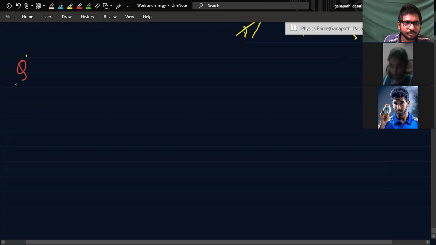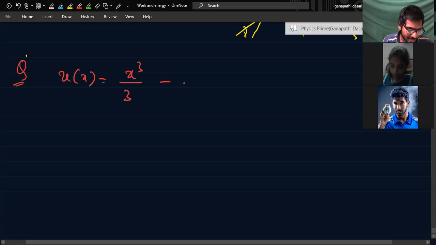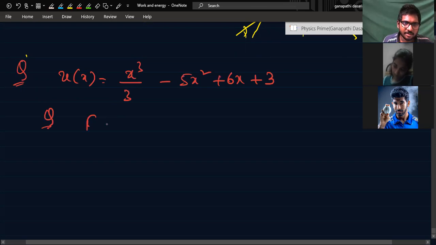Question here. Given potential energy is equal to x cube by 3 minus 5x square plus 6x plus 3. Question A is find the conservative force.